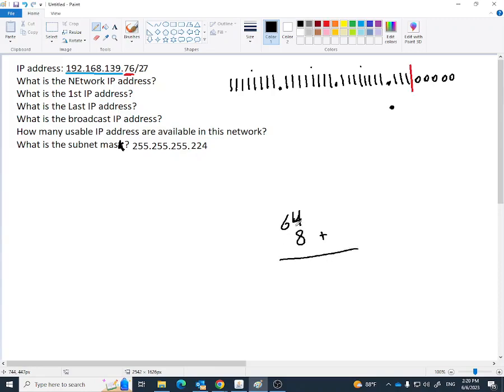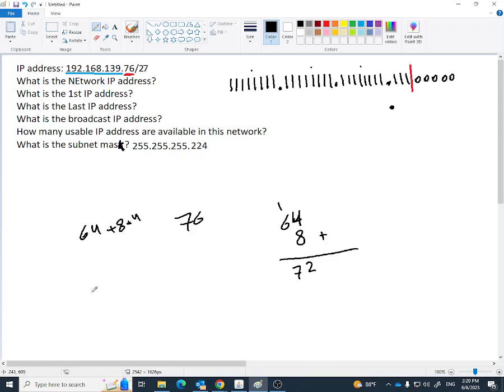So I can get 76 from adding 64 to 8. How much is that going to be? This is going to be 72, and I got 76 here, so I need to add 4 to it. So simply 76 is 64 plus 8 plus 4. That's how you get 76.